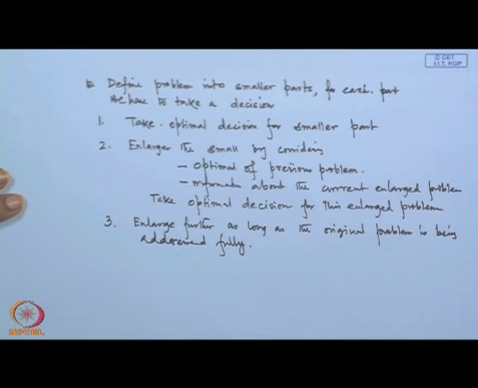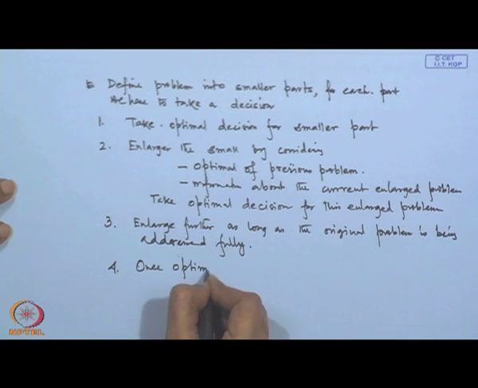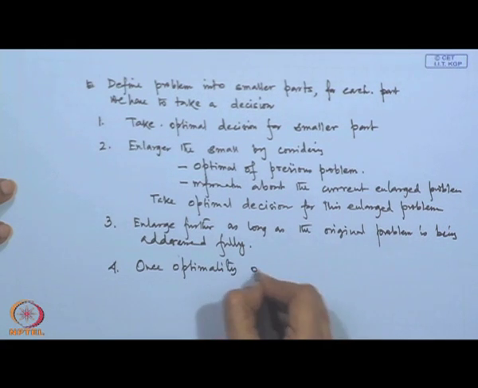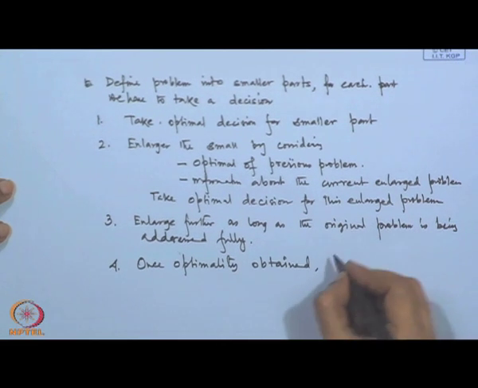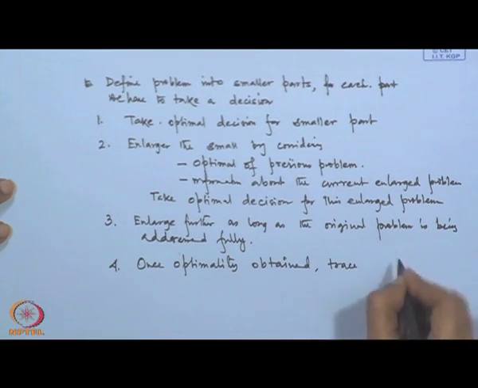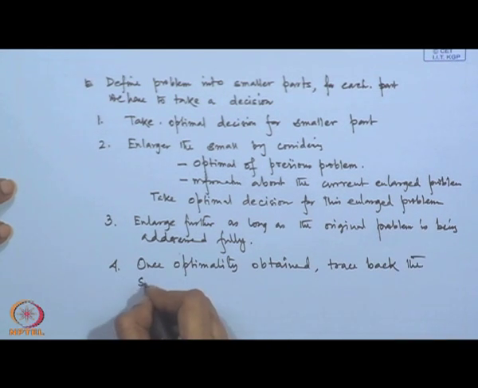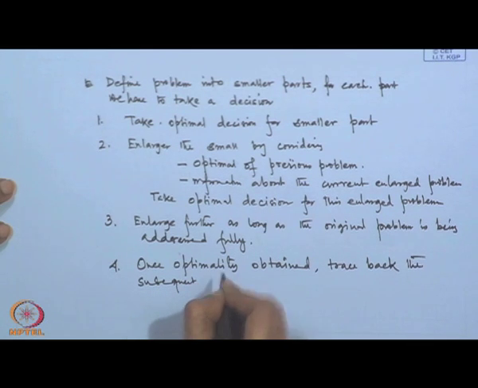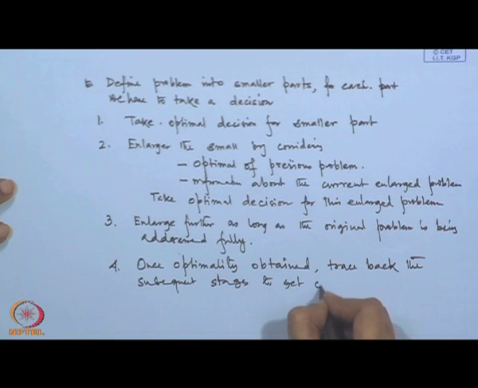And we have to take the optimal decision of the last bigger problem, and once optimality is reached, then we have to trace back through the subsequent stages to get the optimal solution as a whole.